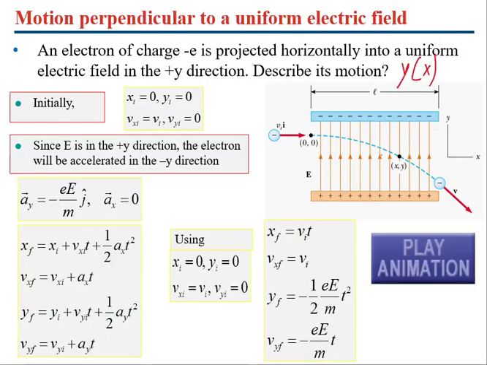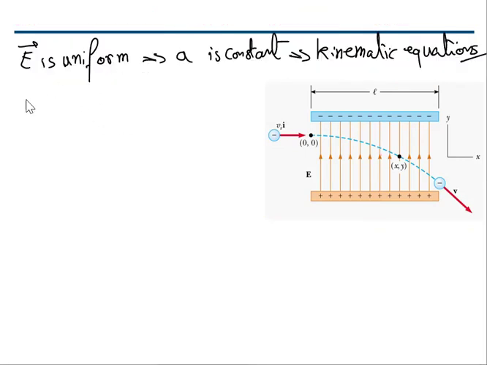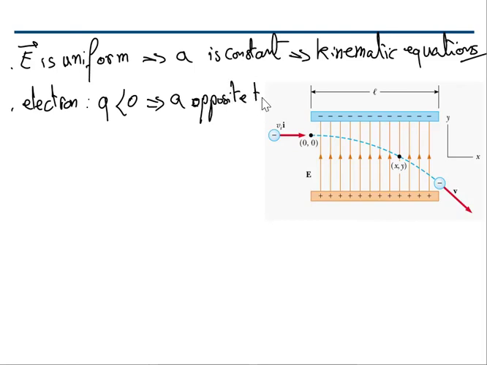The electric field is okay. He said in the question, an electron. Electron means Q is negative. That means our acceleration is opposite to E. Our acceleration is in the opposite direction of E, because we are talking about electrons.